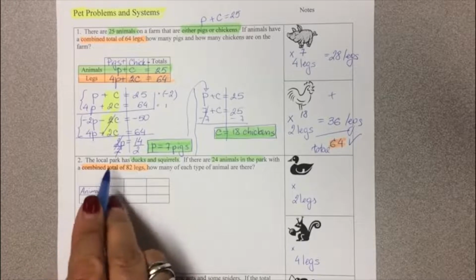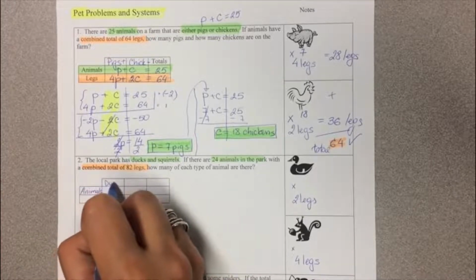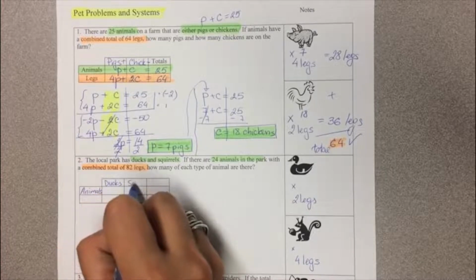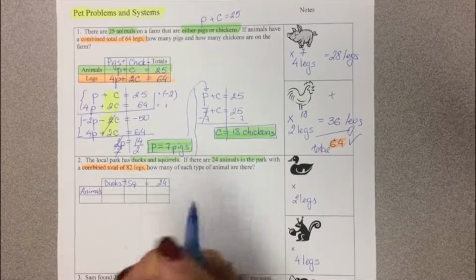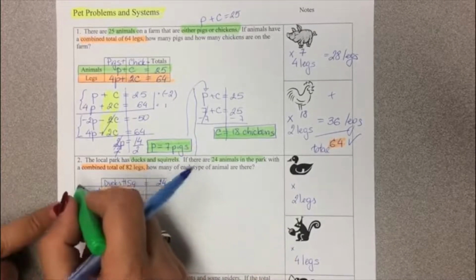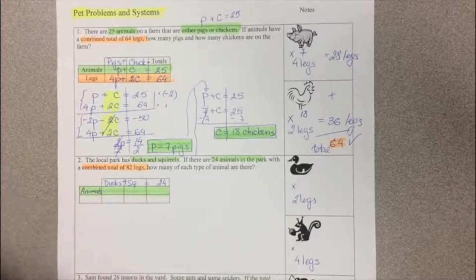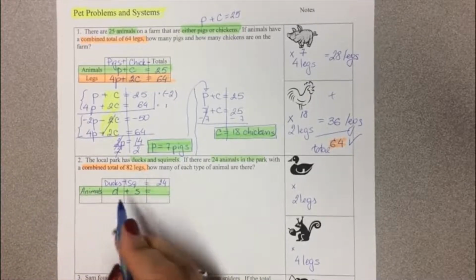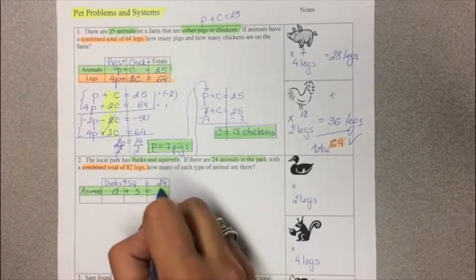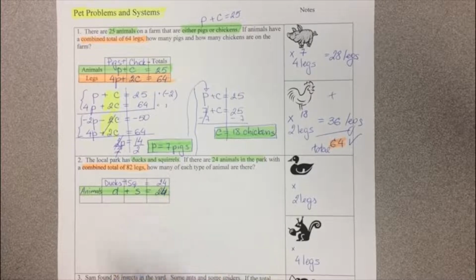The sentence here says that we have ducks and squirrels. How many total? 24. So that is our equation about the number of animals in the park. We can use D and S, or we can use again X and Y, as long as you remember which is which, or label them, and the total is 24.